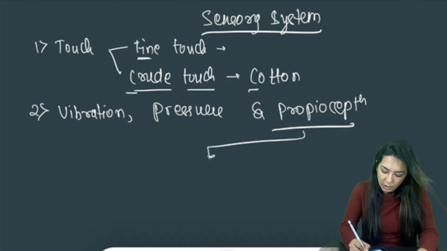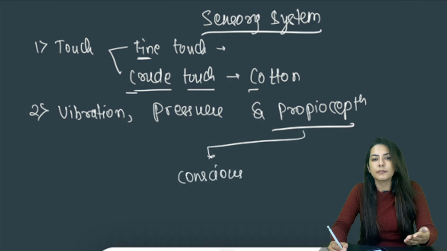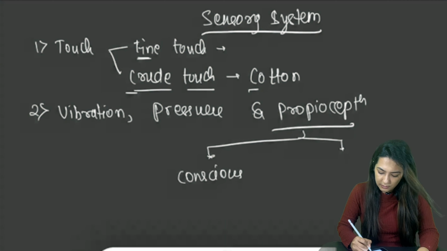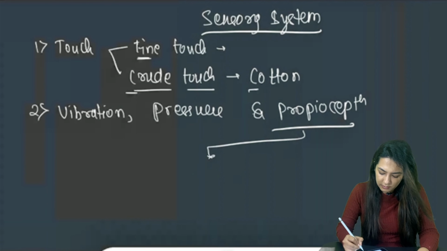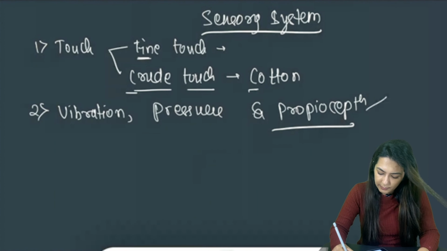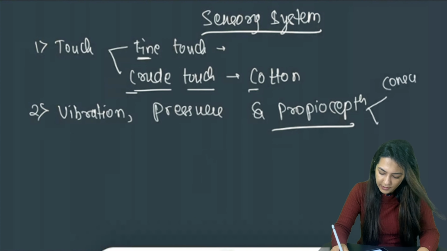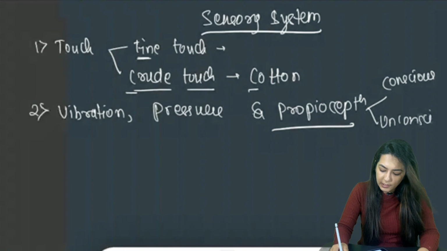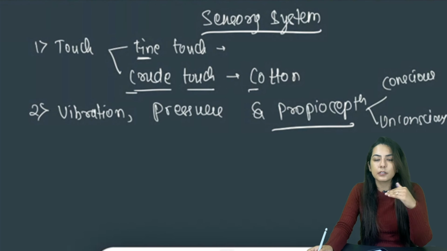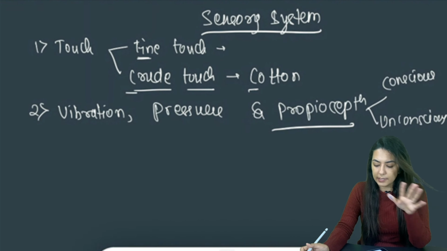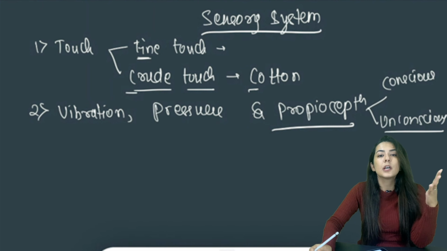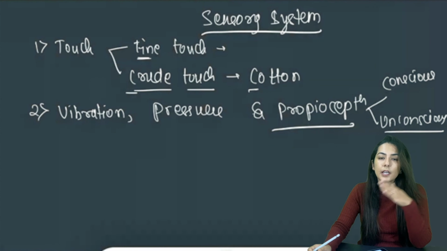Now, it can be either conscious or unconscious. At the conscious level you realize your joint position sense, and that is carried by a different tract, and the unconscious perception of joint position sense is different.